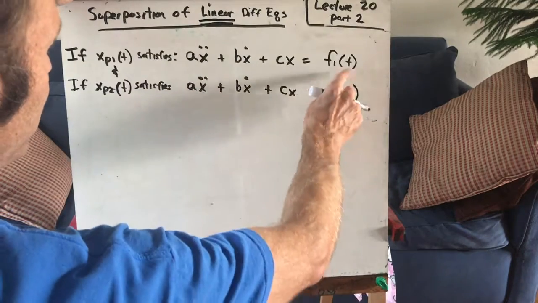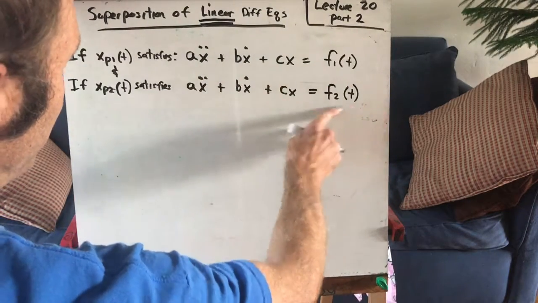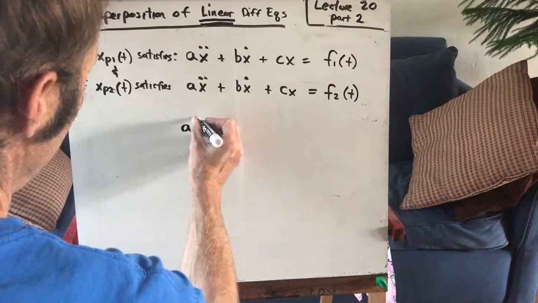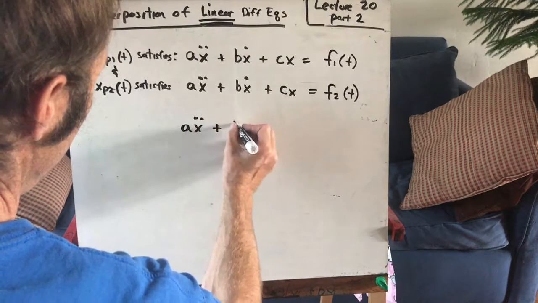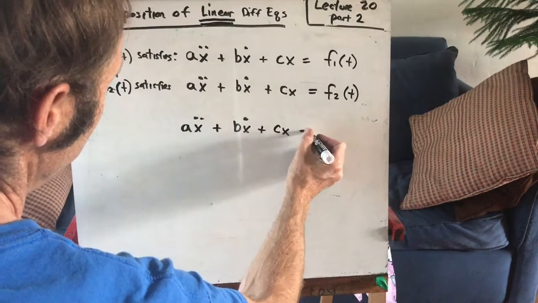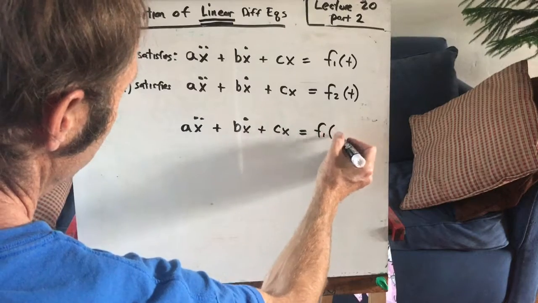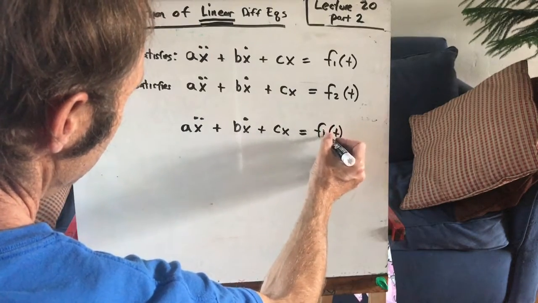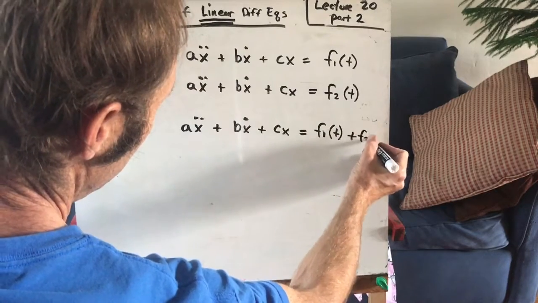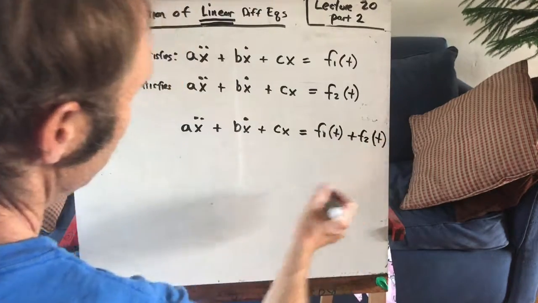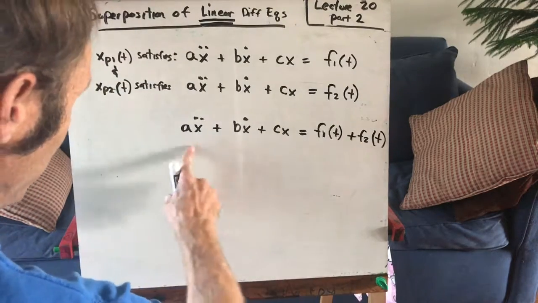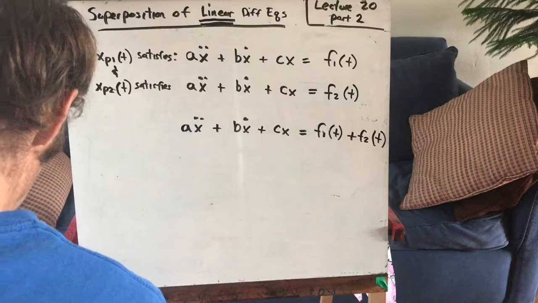So if you can find a particular solution to this, and you can find a particular solution to that, then if you have a combination of the forcing functions acting, this is f1 plus f2, then the sum of the particular solutions to the two of these will be the particular solution to that.